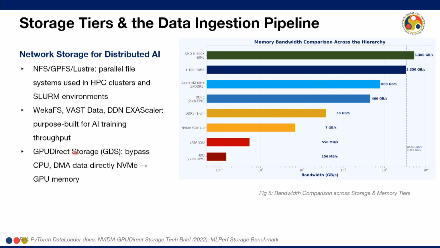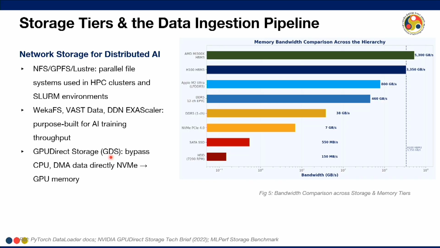GDS, GPU Direct Storage, is one such technology designed by NVIDIA, which bypasses the CPU, and basically takes the help of DMA, or direct memory access. If you have heard about this in your architecture or organization course, you will understand that DMA can perform data transfer without the help of the CPU.